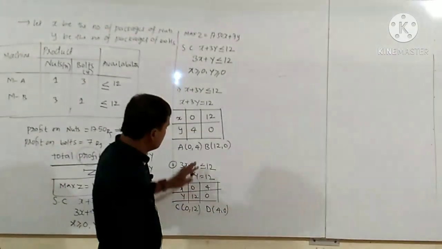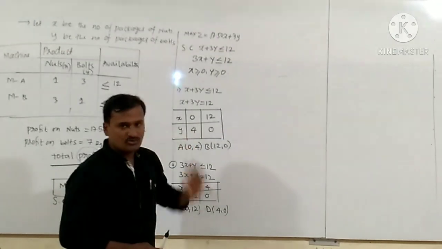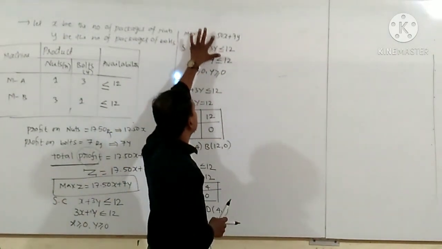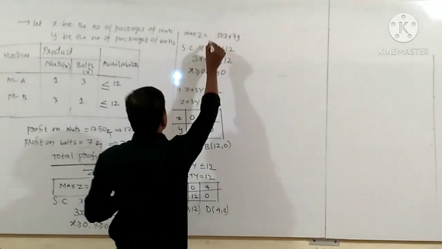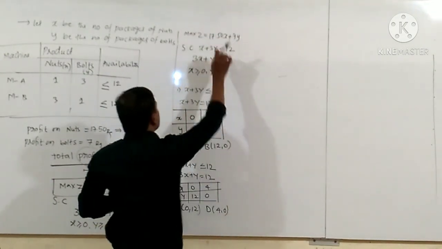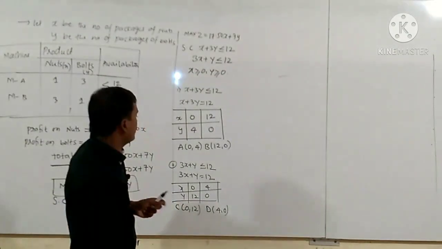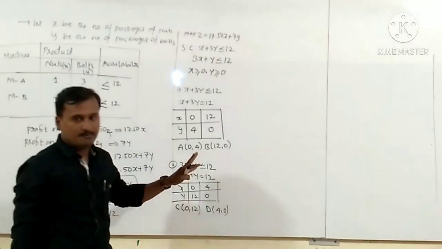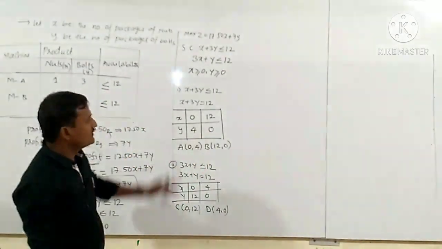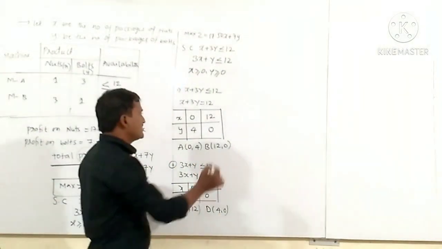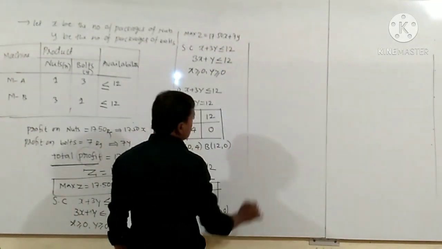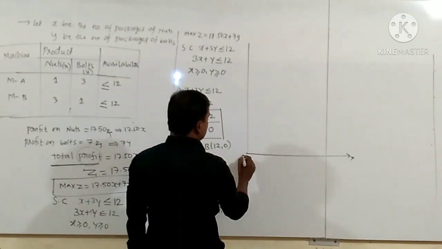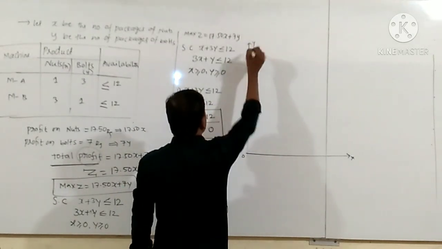Now we will find the maximum or minimum value of the objective function by using the graph. So let us take the graph. Here it is the x-axis, here it is the origin, and here it is y.